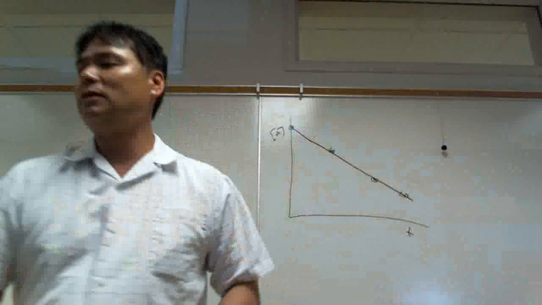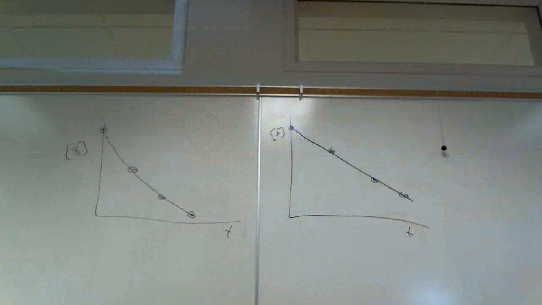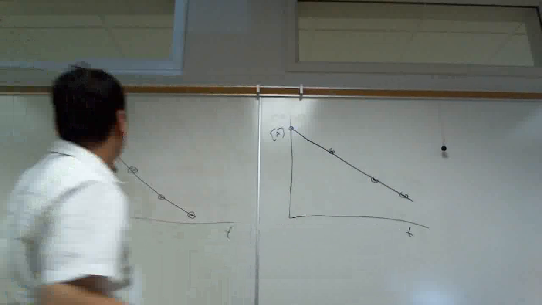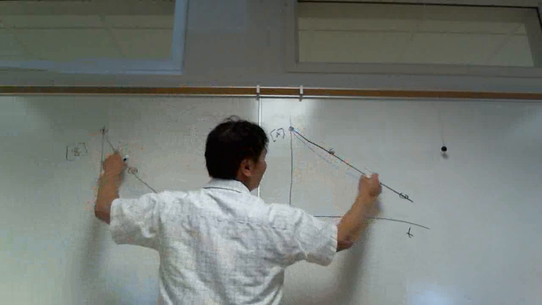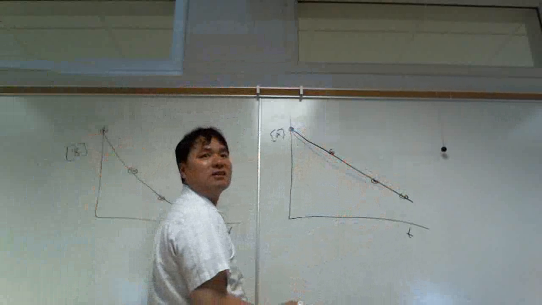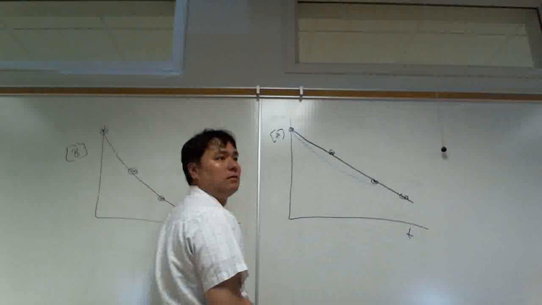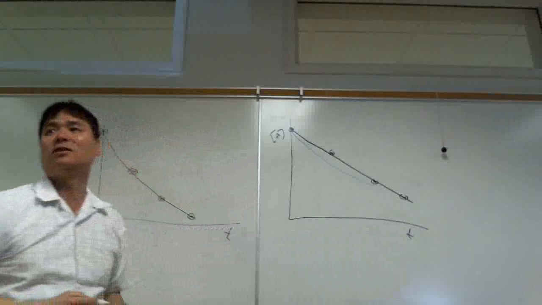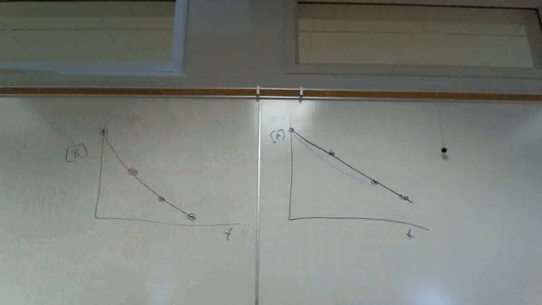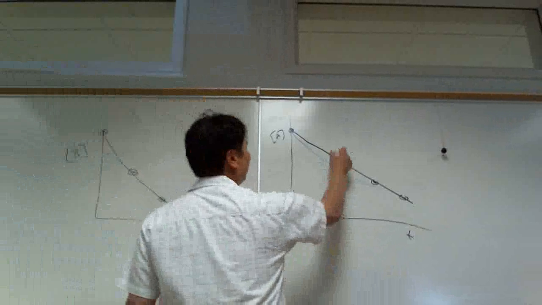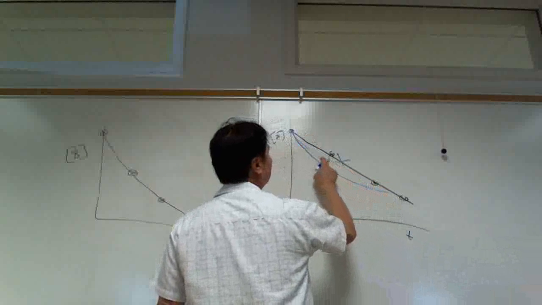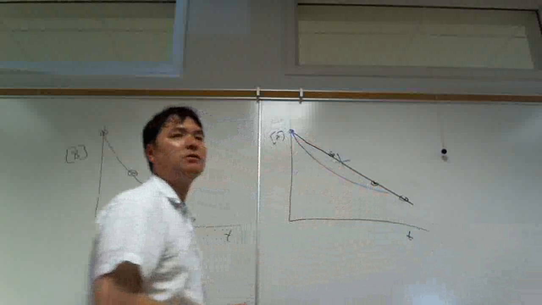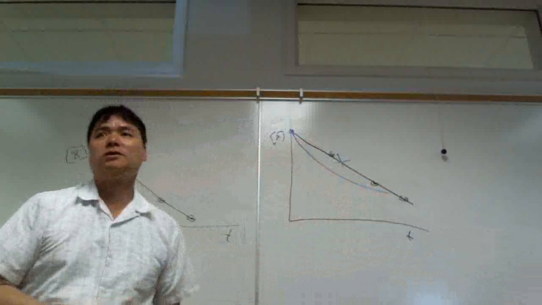This has got to look like this. It's being consumed at half the rate. So every one here, we're going to get some kind of curve like this. Does that make sense? And so it's not being consumed linearly. It's being consumed exponentially. It has to be, because B is being consumed exponentially.